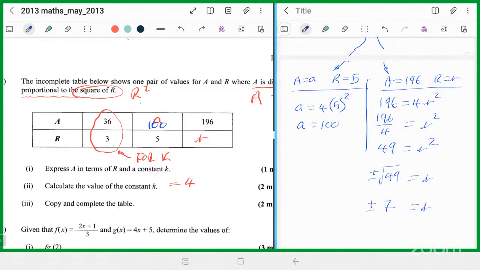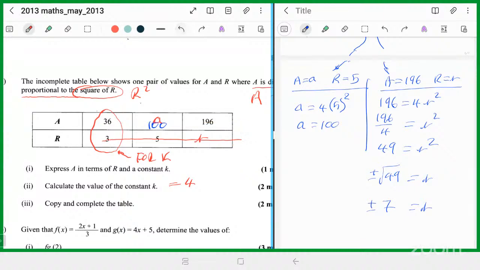But usually, in variation, you want to decide whether the plus or the minus is valid. In this case, the minus would not be valid because it's a direct variation. What does that mean? These values are increasing while these values are also increasing.